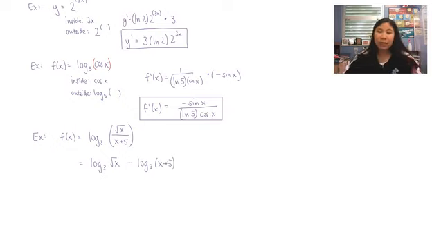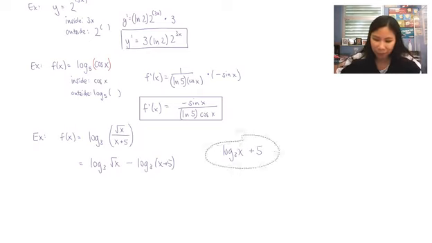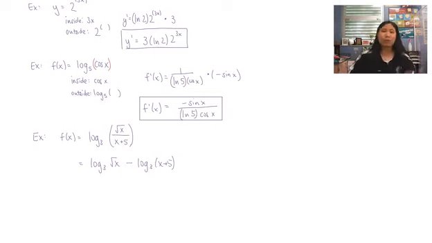And notice how I put the x plus 5 in parentheses here, because if I didn't put the x plus 5 in parentheses, it would then look like me just writing log base 3 of x, and then the plus 5 is like a constant being added. So those are different things, so I can't do that. So keep it in the parentheses, which also gives me a clue that I should probably use the chain rule because of the parentheses.